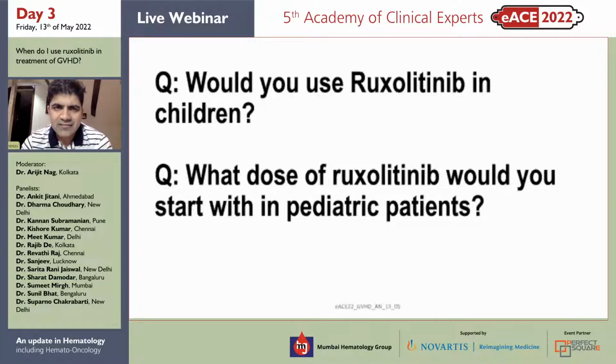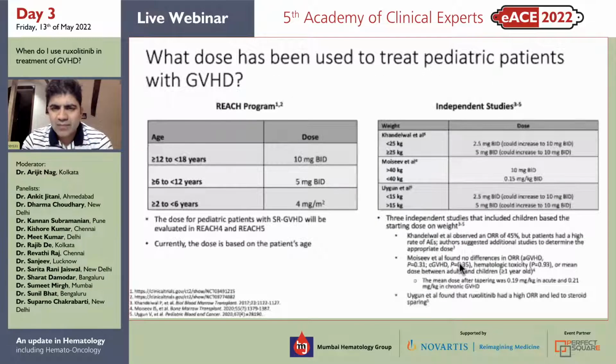But recently, when used earlier as an immediate second-line agent, the results have been pretty decent. Second is that persistence of giving adequate doses, and also persistence of the drug for enough time, is important. And when we stop it, it has to be a slow taper. That is something important in our pediatric practice also.